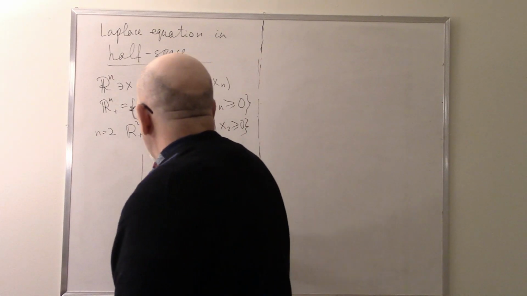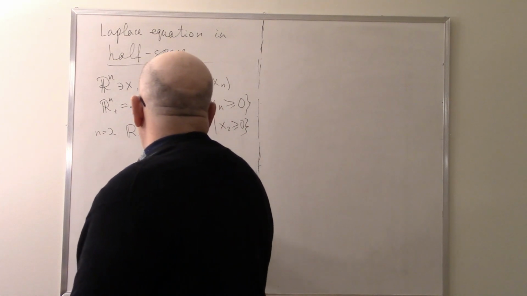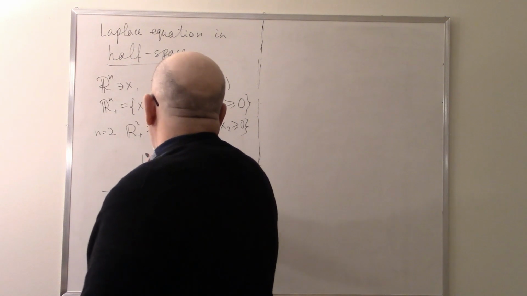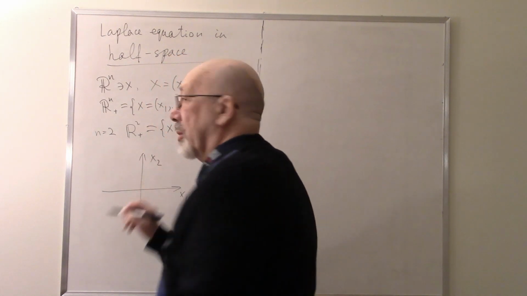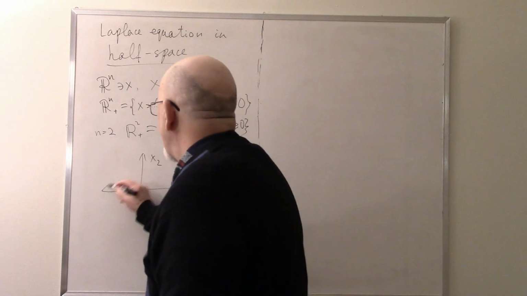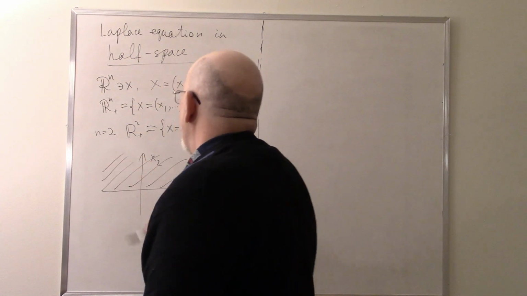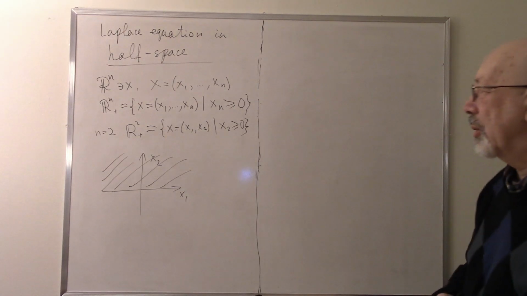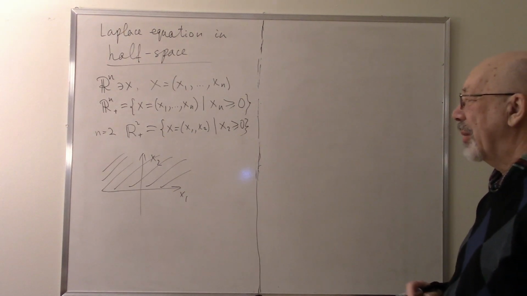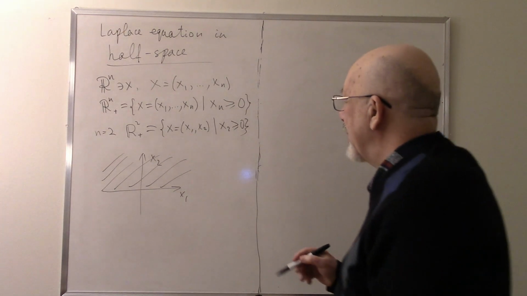So this is this domain. It is x1, it is x2, and this domain, the upper half space, is a domain where we are solving the Dirichlet problem. So the problem is the following.